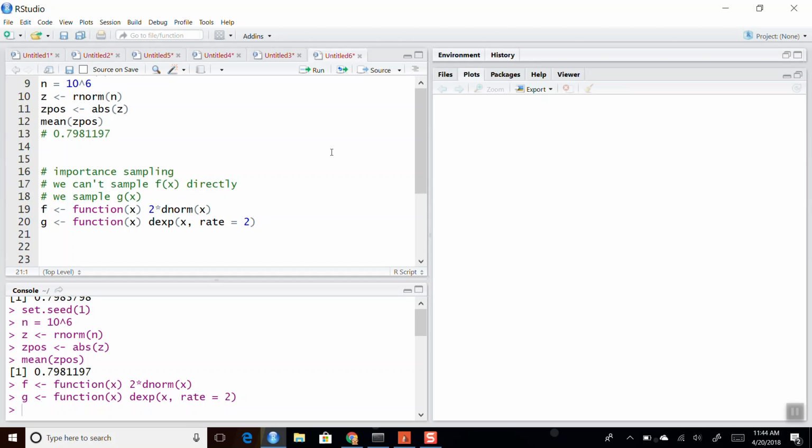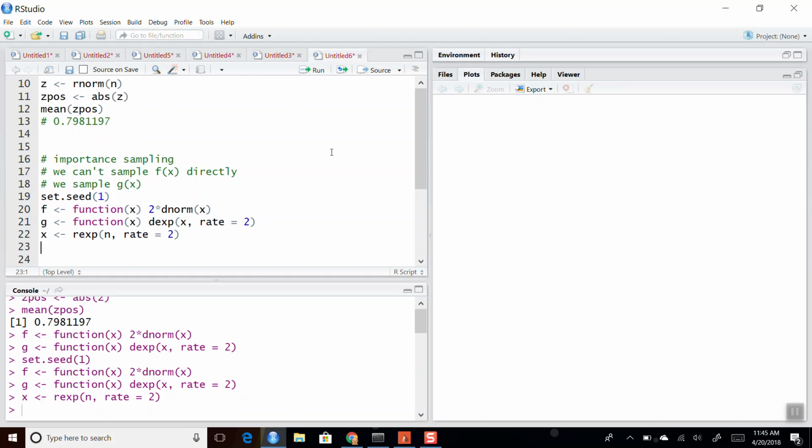So what should I do? My x will be a random sample from the exponential, so I'll do rexp, we'll ask for 1,000,000 of these values, rate equals 2. Let me set the seed to 1 again. So I have now 1,000,000 exponential values. I want to take each of these x values and weigh them by doing f of x divided by g of x.